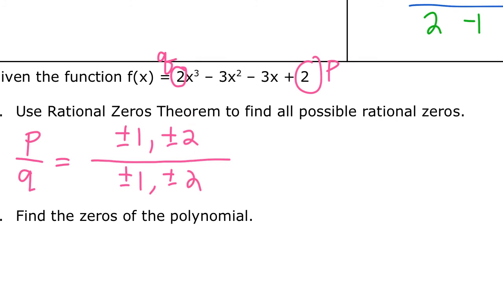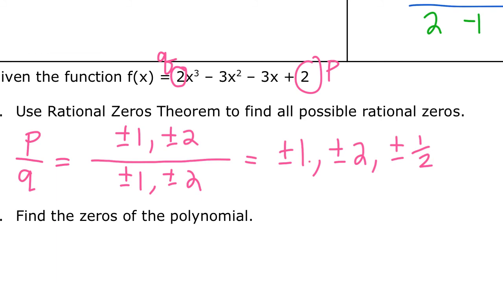So let's just write all of these out. 1 over 1 is still 1. 2 over 1 is still 2. 1 over 2 is 1/2. But 2 over 2 is just 1 again, so I'm not going to write it. So I have 6 different options, technically. Positive 1, negative 1, positive 2, negative 2, positive 1/2, negative 1/2.